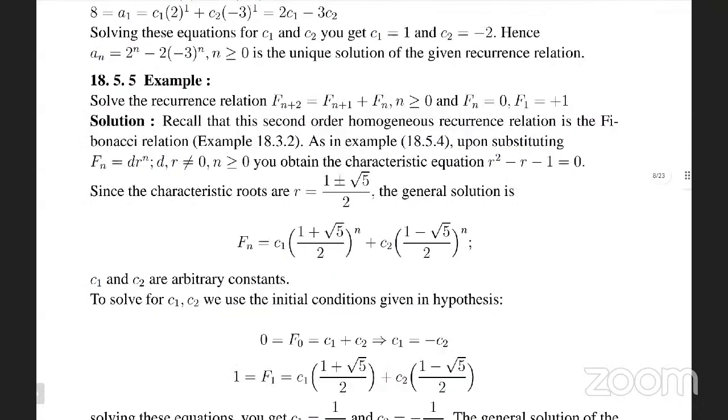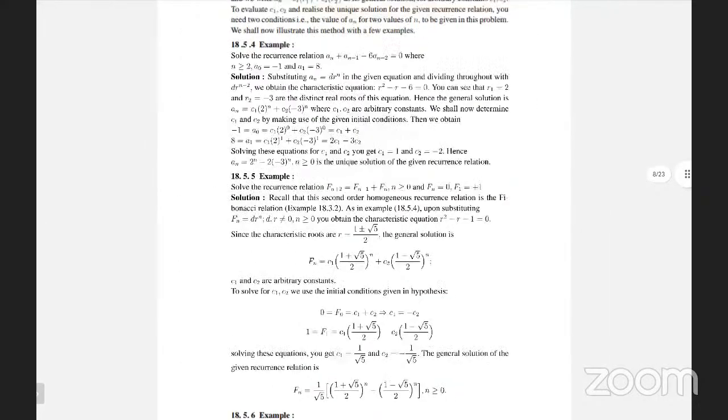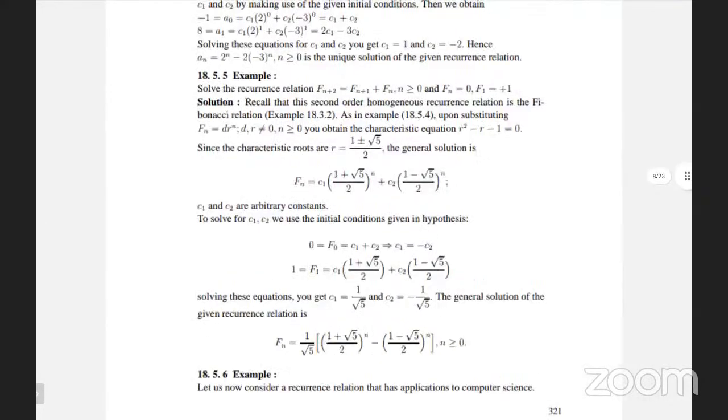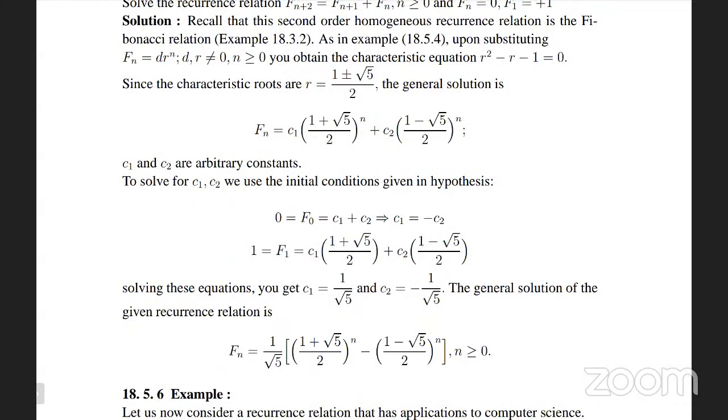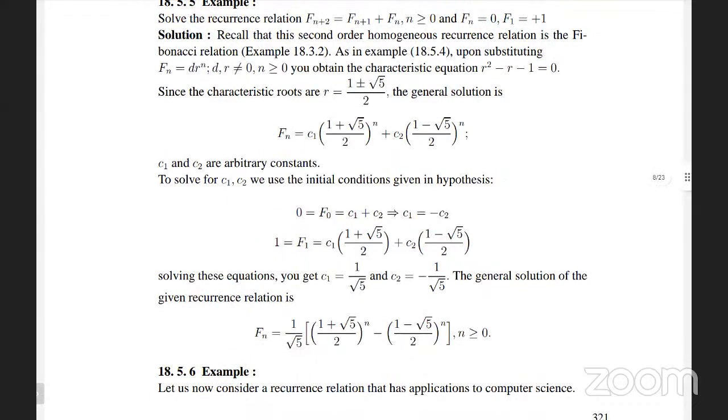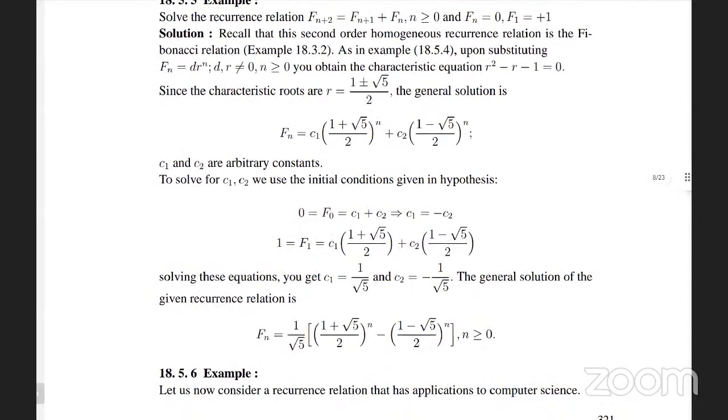So R = (1 ± √5)/2. So Fn, we can write the solution as C1 ((1 + √5)/2)^n, and similarly C2 ((1 - √5)/2)^n. The conditions are already given, F0 equal to 0 and F1 equal to 1.